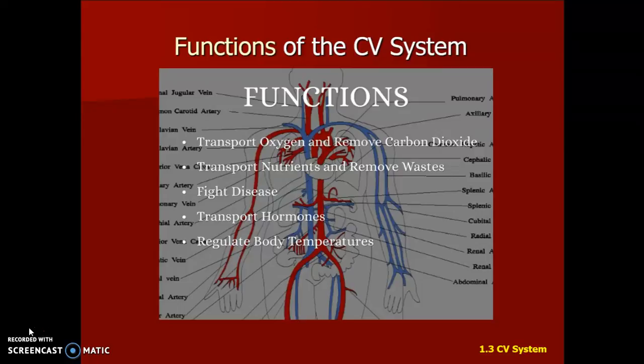In addition to this, the metabolic waste products, toxins and carbon dioxide are transported away to the liver, the kidneys and the lungs, where the body will be able to eliminate these.